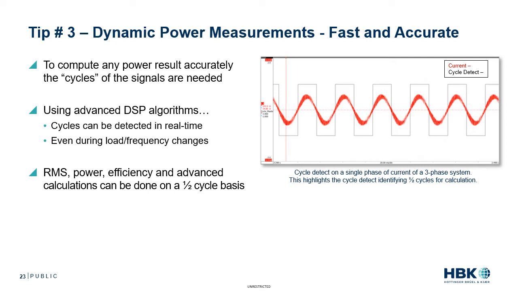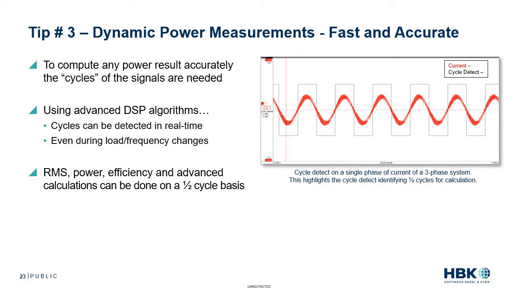Now, cycles can be detected in real time and even during load and frequency changes, and can be used to accurately calculate RMS voltage and RMS current, power, efficiency on each half cycle in real time, which can cut down on analysis time and offer results in real time as feedback to a control system. It's a really fast and accurate solution.